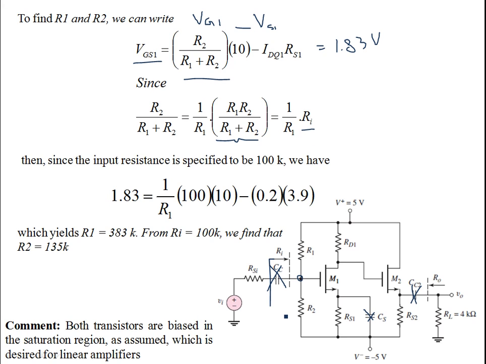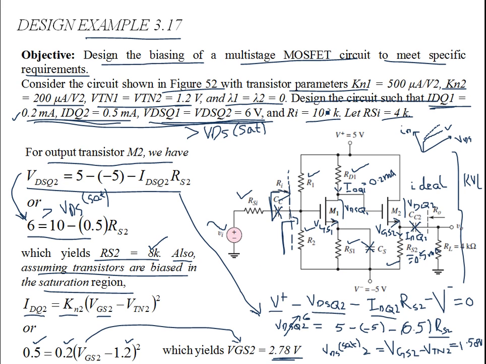R1 and R2 are in parallel, and this forms the input resistance, because next you have the gate and oxide, which is a very high input resistance. So the input resistance of the MOSFET is high, and you don't need to consider it any further. It's an open circuit, so the input resistance is R1 and R2 in parallel. Ri is the input resistance, which is given.